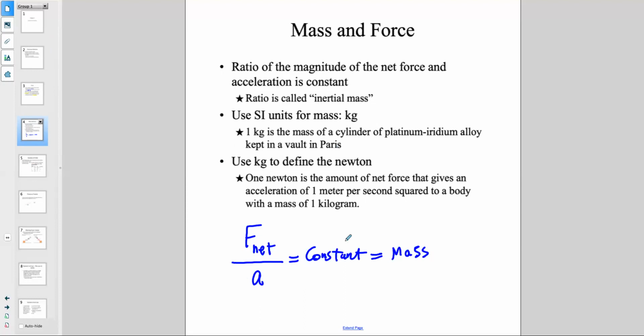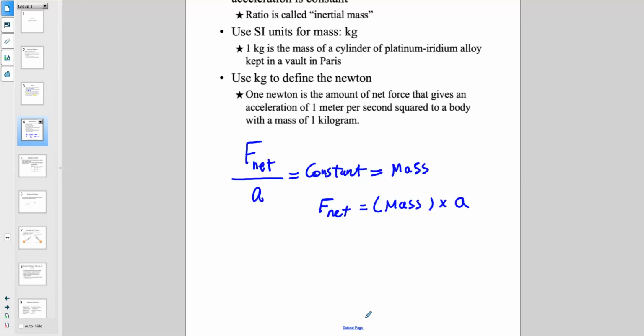In other words, if I write F net equals mass times acceleration A, I can write F net of 1 Newton. So 1 Newton is a 1 kilogram object being accelerated 1 meter per second squared.